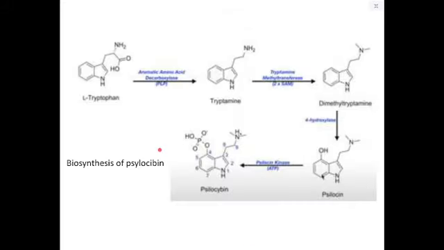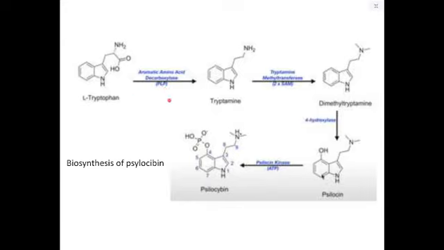So, the biosynthesis of psilocybin, as we have said, it is found in mushrooms. You can start with L-tryptophan, and you can see tryptamine and tryptophan. The difference is that tryptophan has a carboxylate group, and then you have the aromatic amino acid decarboxylase.